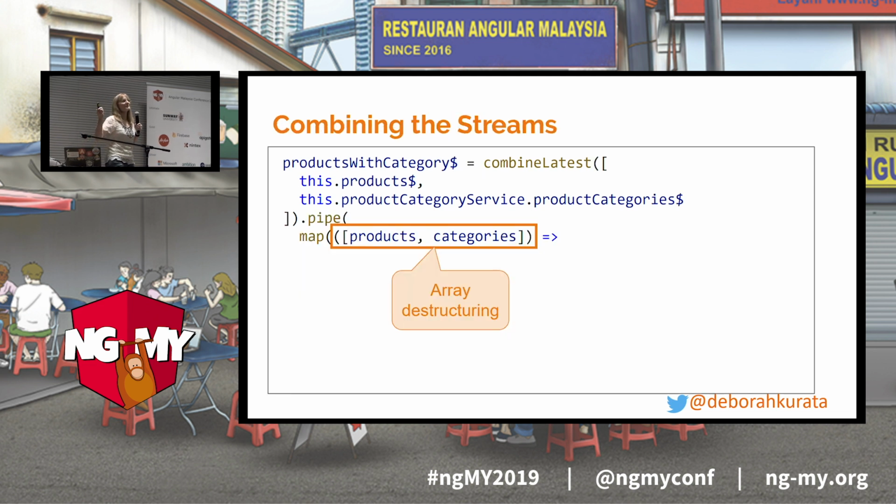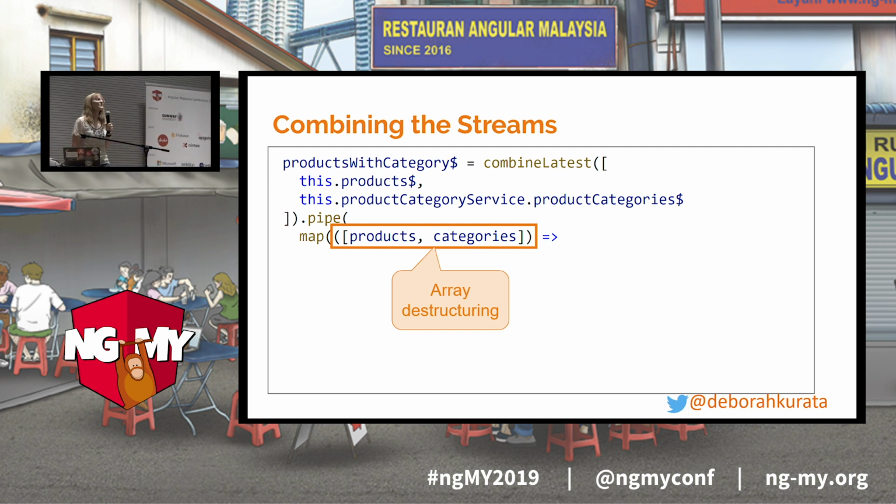Well, we can pipe it through a set of operators, right? Anytime we're emitting values from an observable, we can pipe those through operators. So the first operator we're going to pipe it through is a map, because our goal is to map our product with a category ID into a different kind of product that then has the product category name.